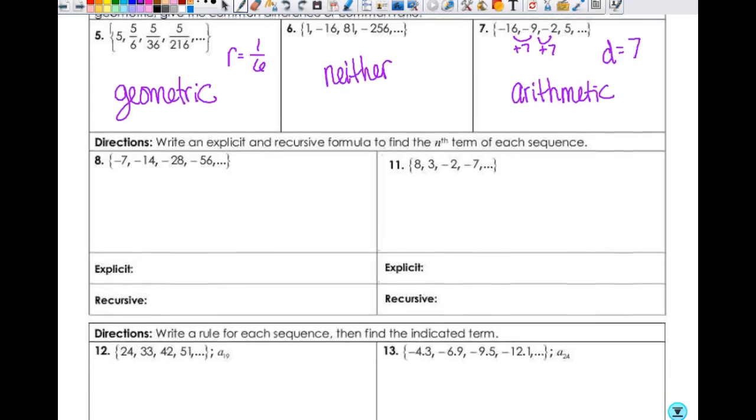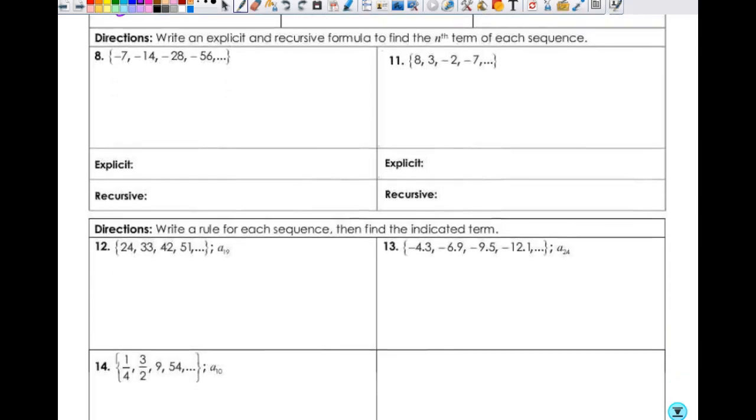All right, so now we are asked to write an explicit and a recursive formula to find the nth term of each sequence. Okay, so I first have to determine if it is arithmetic or geometric. So if I've got -7, then -14, -28. So let's see, I could say that I'm subtracting 7, but I subtract 7 again, and I don't get that.